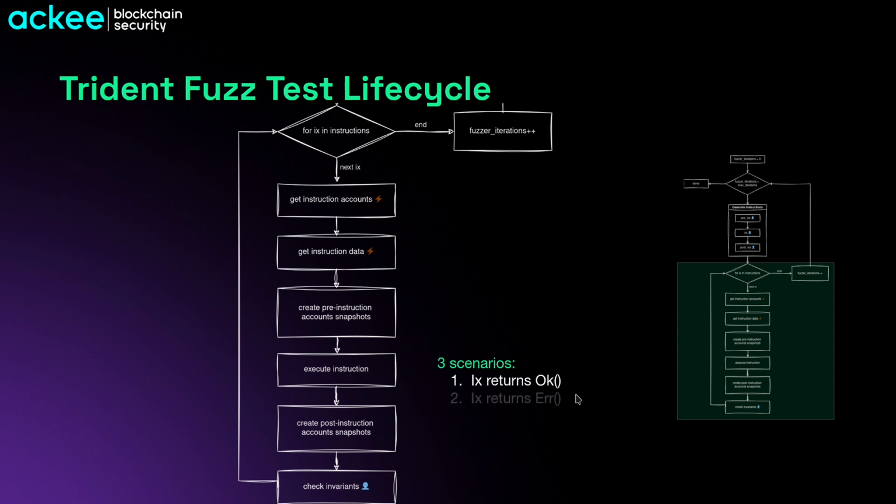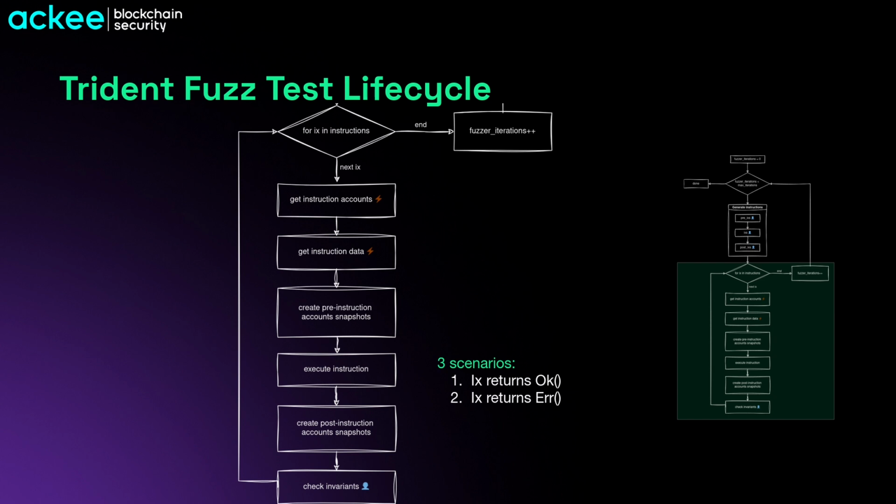The second scenario is when the instruction returns an error variant of the result type. This is a situation when there is some handled and expected error that the developer was thinking about.